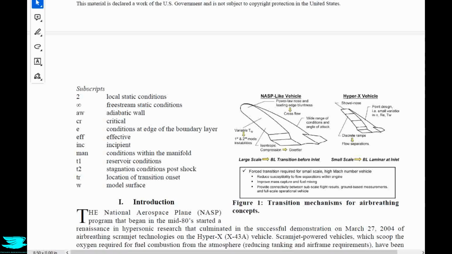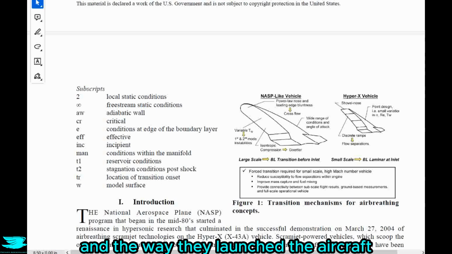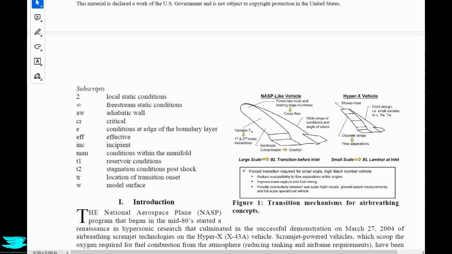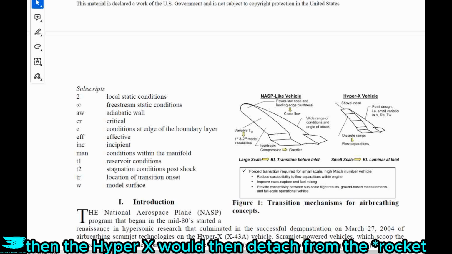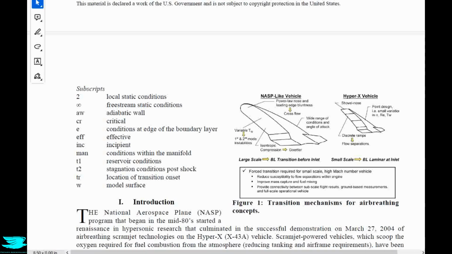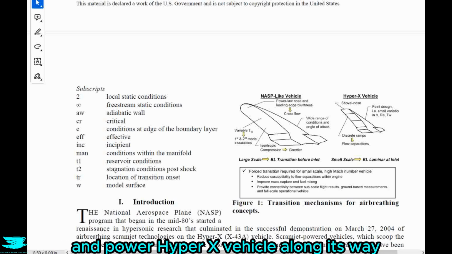That's insane. And it has a scramjet. And the way they launched the aircraft was by attaching it to a rocket and then dropping it from a plane. The rocket would then fire, getting the HyperX up to speed. Then the HyperX would detach from the rocket, and then the scramjet would start from there and power the HyperX vehicle along its way.